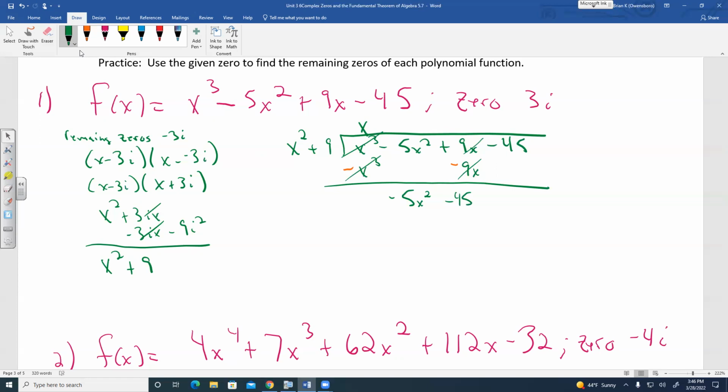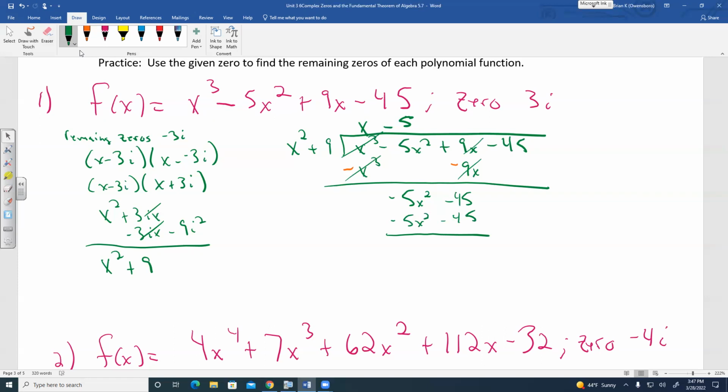So now we ask ourselves, x squared times what gives me negative 5x squared? Looks like all I need is a negative 5, so I'll put a negative 5 here. So negative 5 times x squared is negative 5x squared. Negative 5 times 9 is negative 45. So my like terms are lined up there this time.